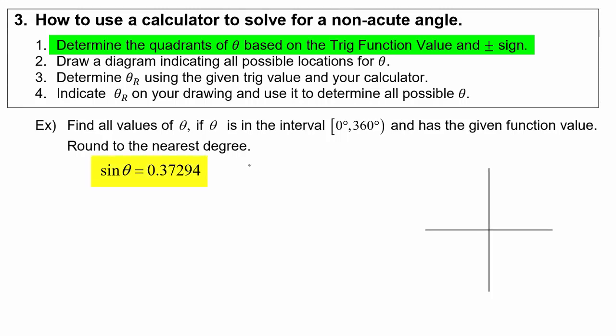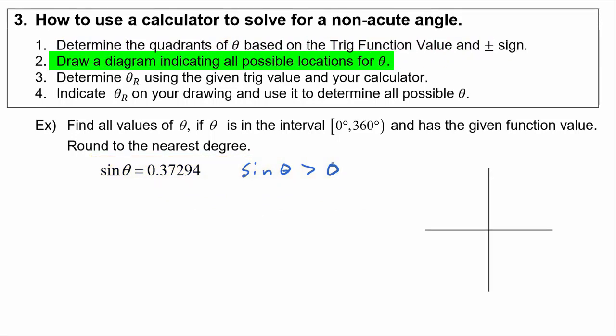So we have to first consider, where is sine of theta a positive number, because 0.37294 is positive. Step 2 says draw a diagram indicating the possible locations for theta.